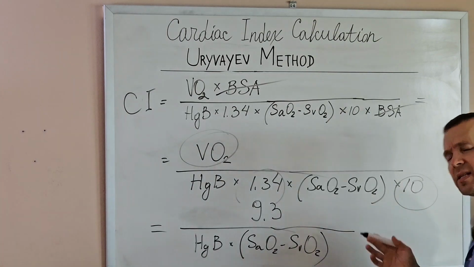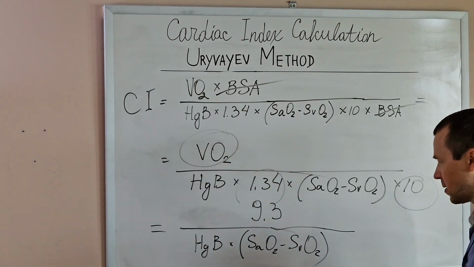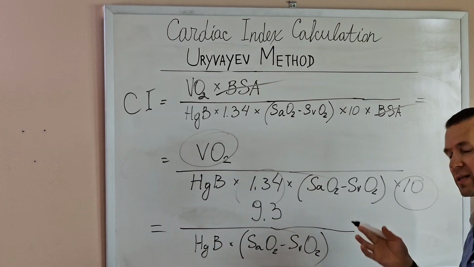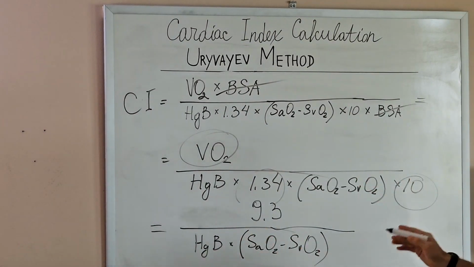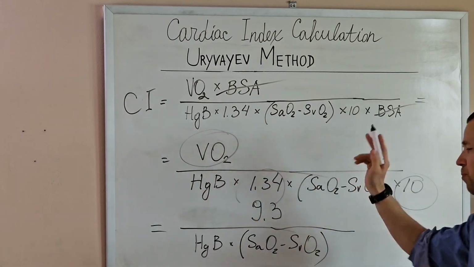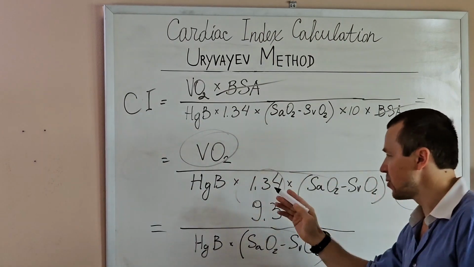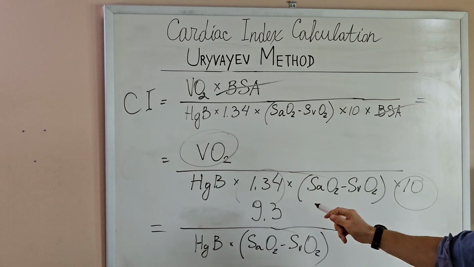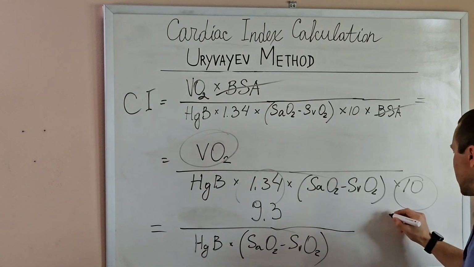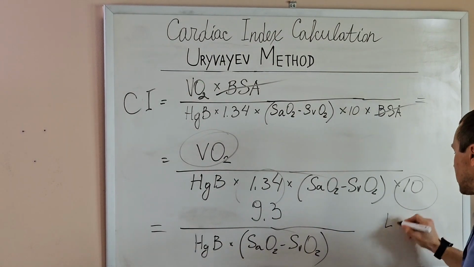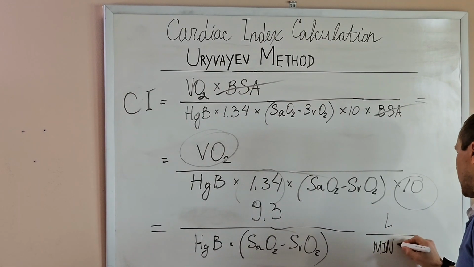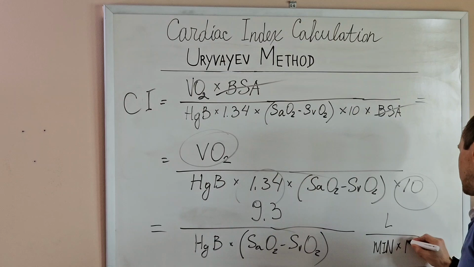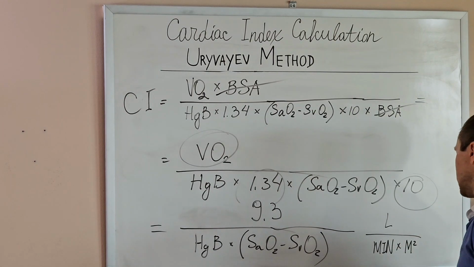Wait a second, but is it? Let's just double check. Listen, I'm not going to waste my time discussing dimensions. But yes, if you plug in those values according to what I told you, you will get cardiac index in liters per minute per body surface area, meter squared.